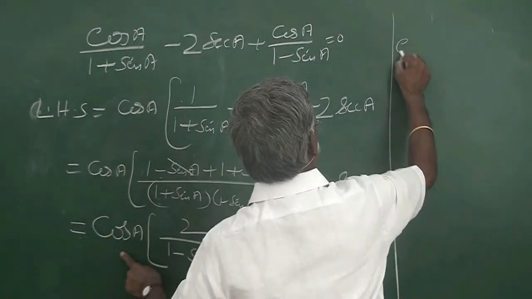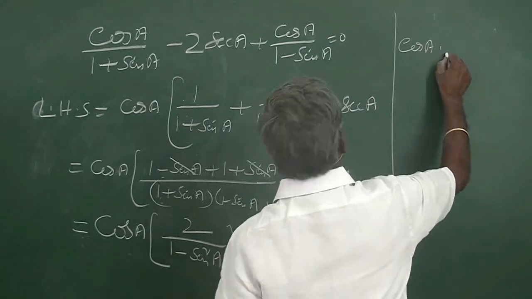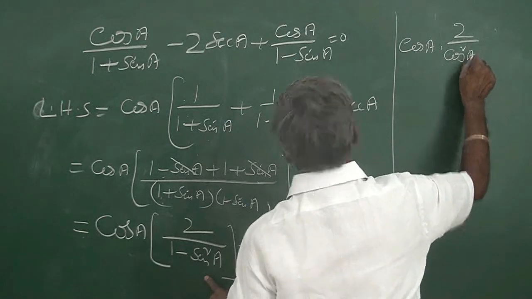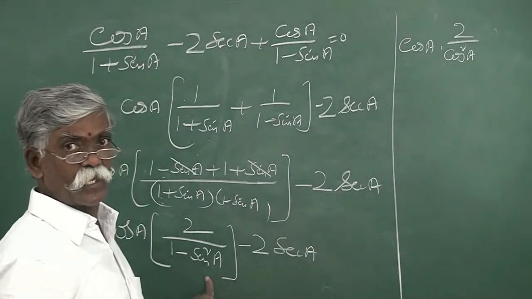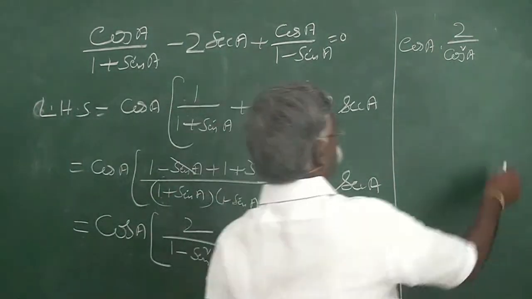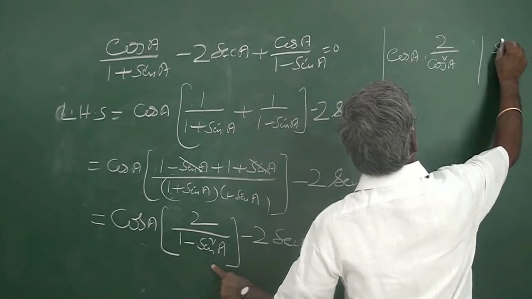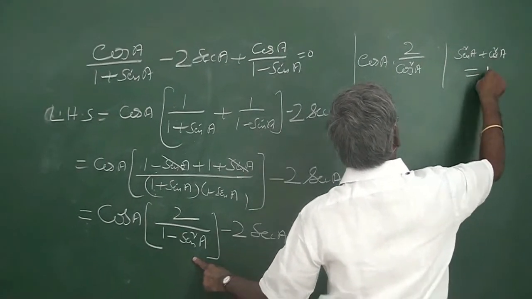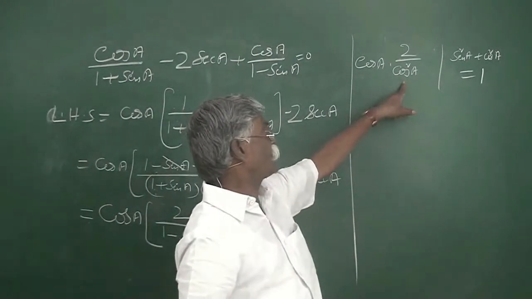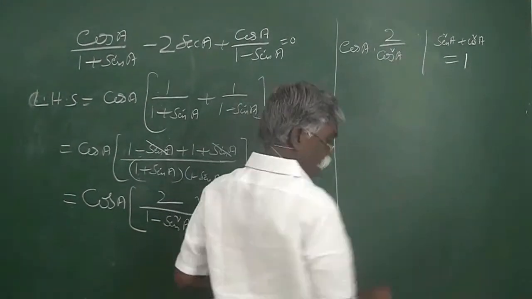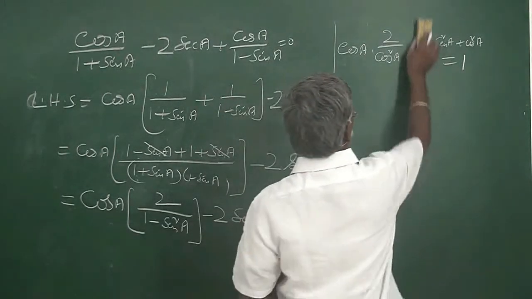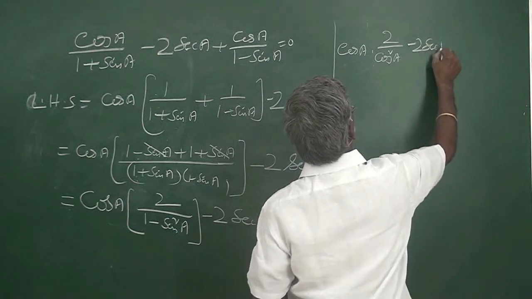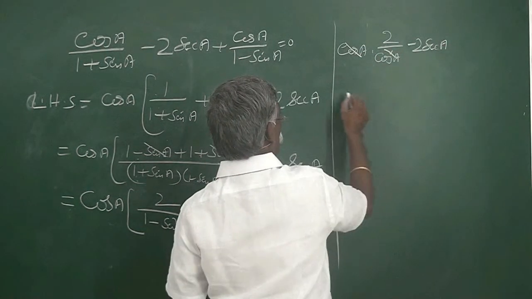But this is cos A into 2 by, this becomes cos square A, since sin square A plus cos square A is 1. 1 minus sin square A is cos square A, minus 2 secant A. Cos and square get cancelled.